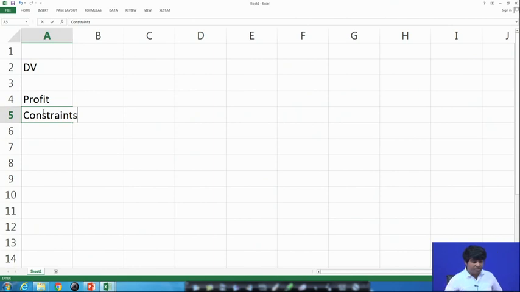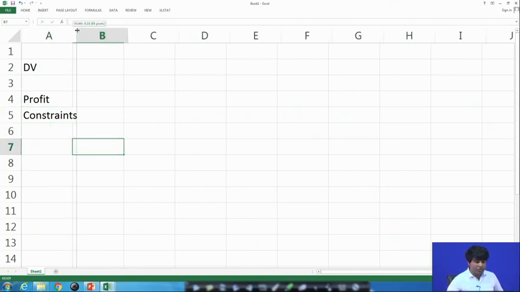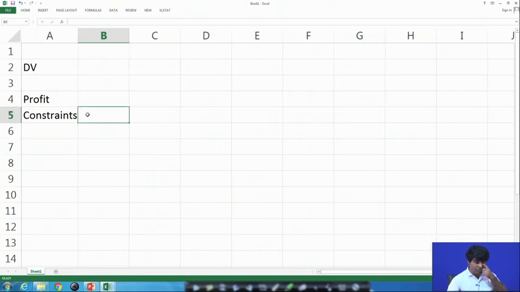We have the kind of constraints, and so these are the typical structures. Our requirement is the values of the decision variables subject to availability of the profit function, that is the objective function, and the constraints, and then the kind of conditions.